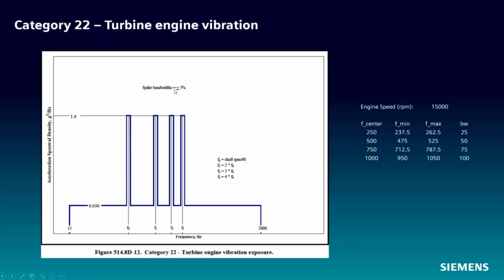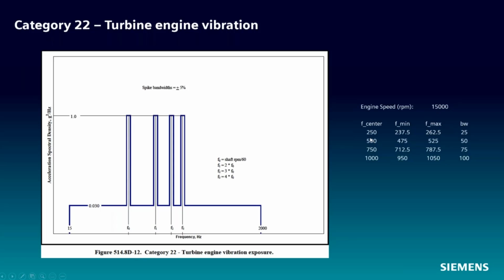And the bandwidths are plus or minus 5% of the center frequency. So for this example, we're going to use an RPM of 15,000, which is in the low typical range of a turbine engine, somewhere between 15,000 to 20,000 RPM is kind of a typical rotational speed of those engines.